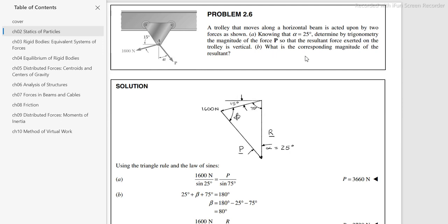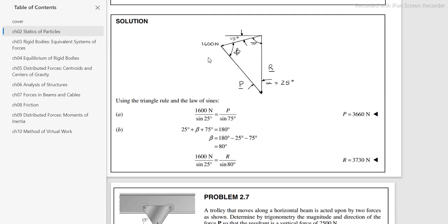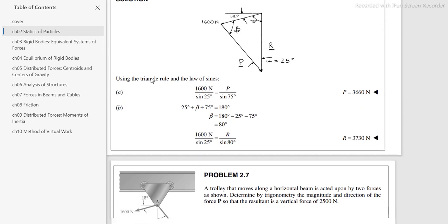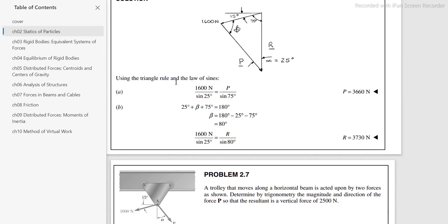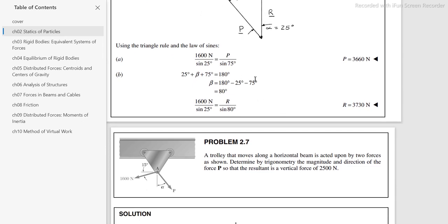And question B, what is the corresponding magnitude of the resultant? The solution is: there is a free body diagram, using the triangle rule and the sine rule, that means the law of sines. Here is the solution.